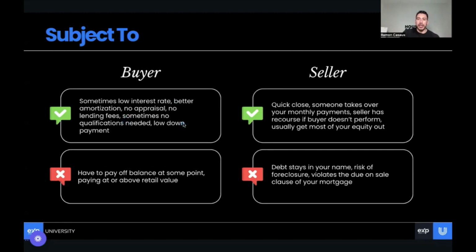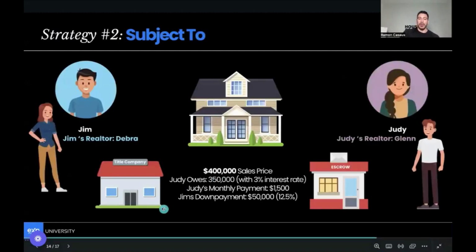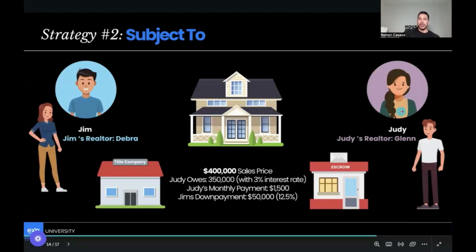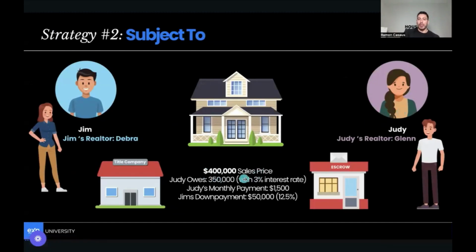Better amortization, going right back to the same scenario. Remember, Judy owned this property for 2 years. That means she's been making principal and interest payments on this property for 2 years. Amortization schedules are front loaded with interest. And as time goes on, the interest dwindles down, right? More principal, less interest.